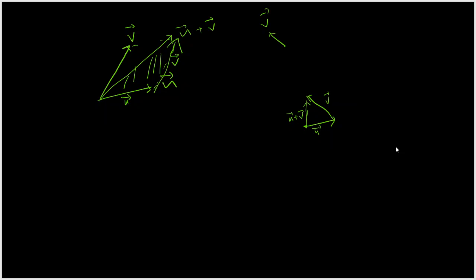So any questions on that? Should be simple. Now let's talk about the first question. You have an object, and you drag the object. So let's say that's force 1.